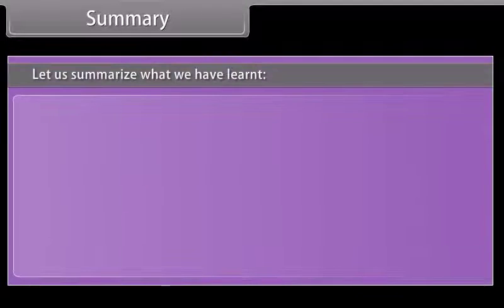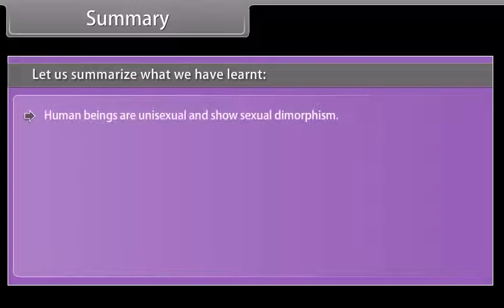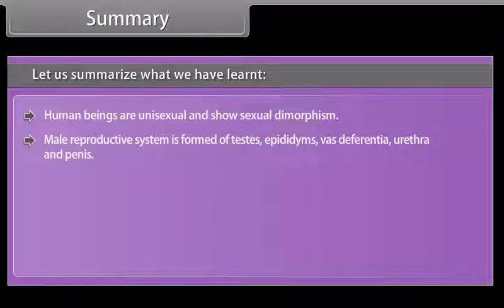Summary. Let us summarize what we have learned. Human beings are unisexual and show sexual dimorphism. The male reproductive system is formed of testes, epididymis, vas deferentia, urethra, and penis.